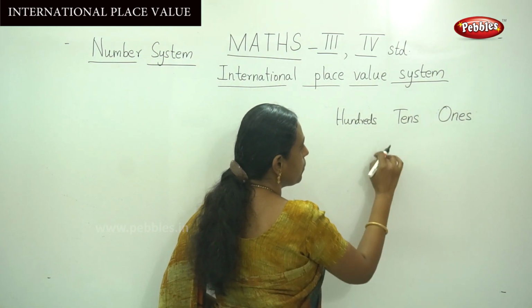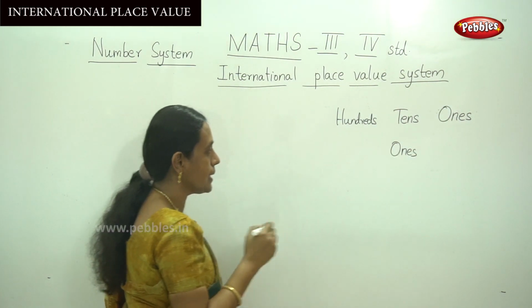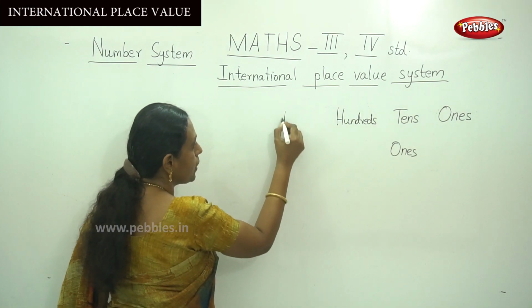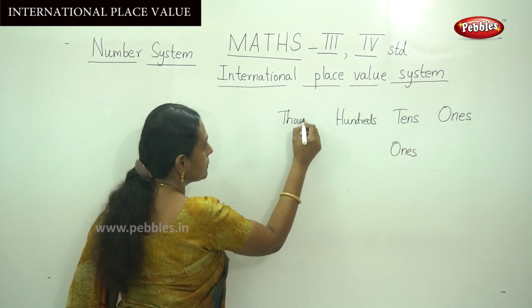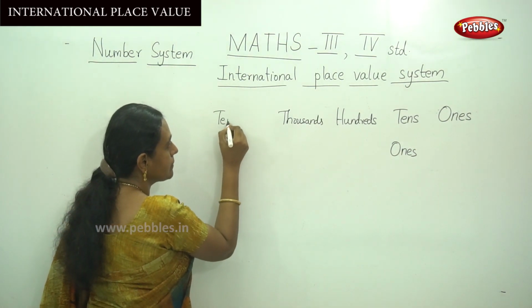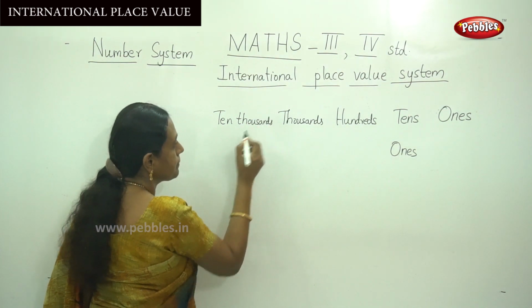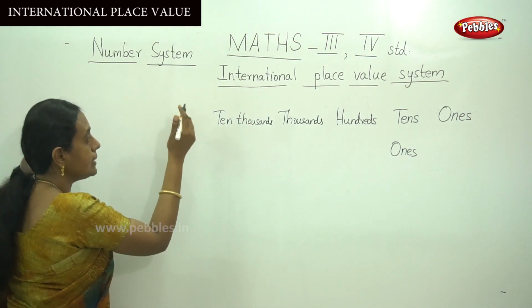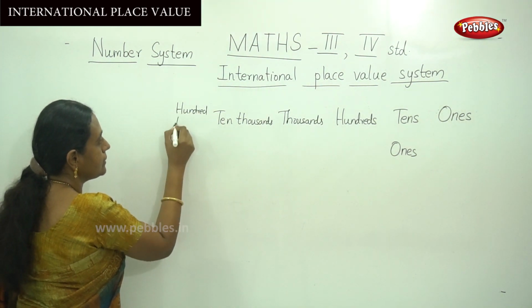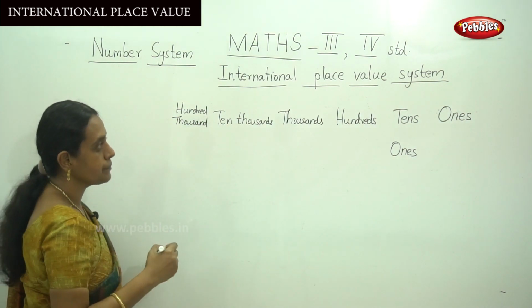For this ones column: ones, tens, 100. And our 1,000 column again: thousands, 10,000s, and again 100,000.